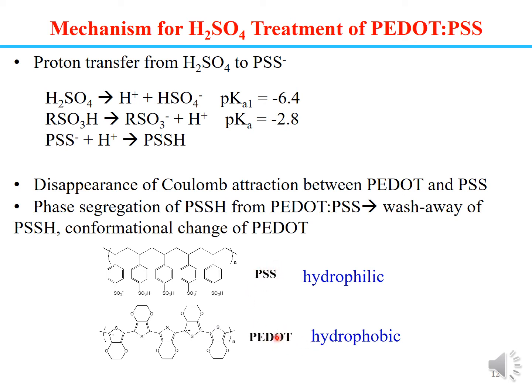Because PEDOT is hydrophobic while PSS is hydrophilic, when PSS becomes neutral, it will have a phase segregation from PEDOT:PSS, and it can be washed away by water. The phase segregation can induce the conformation change of the PEDOT chain as well.